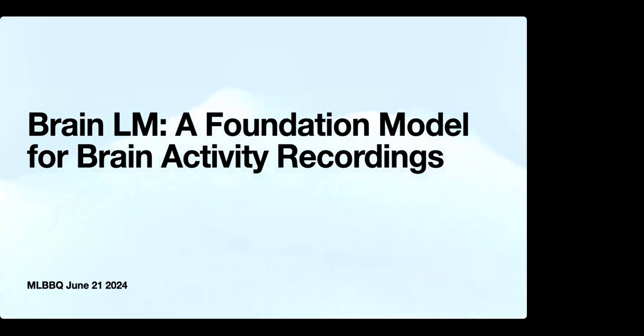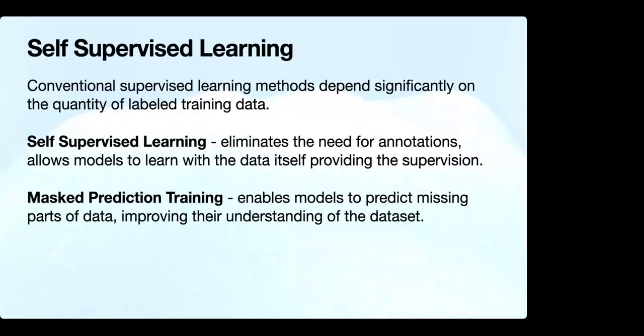So right now I'm presenting BrainLM, a foundational model for brain activity recordings. This model works off of self-supervised learning. Conventional supervised learning methods depend significantly on the quantity of labeled training data.